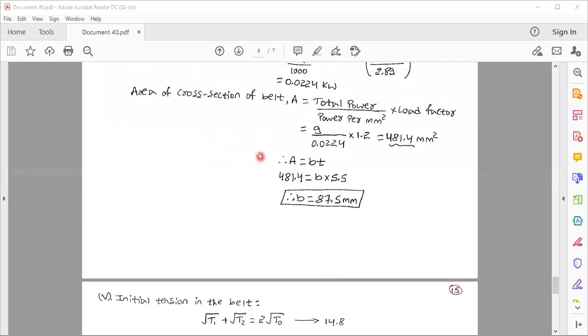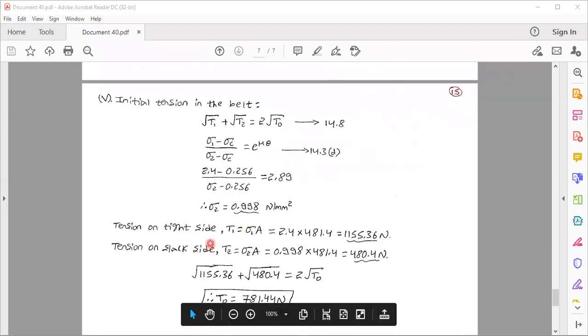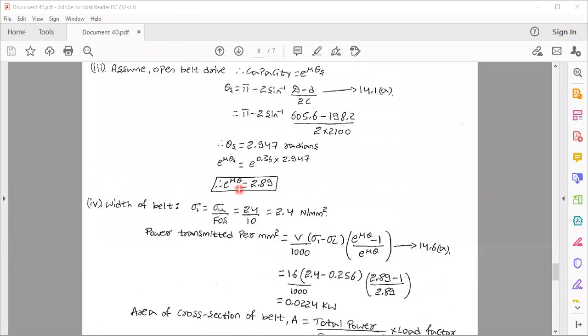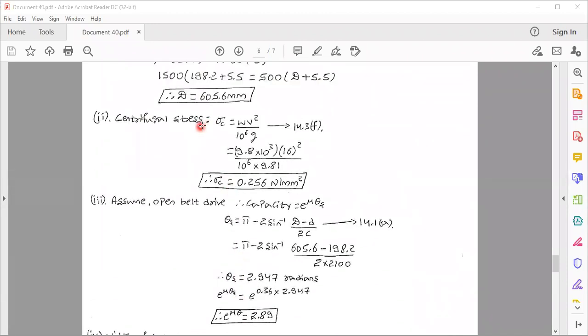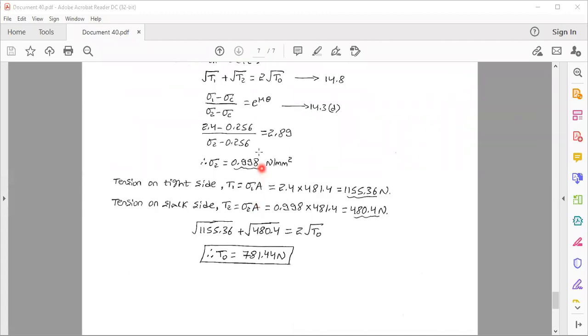Sigma 1 is given, that is permissible stress 2.4, substitute 2.4 minus sigma c. Sigma c is 0.256, which you have calculated, the centrifugal stress. After substituting that, the stress in the slack side, you will get it as 0.998 megapascal or Newton per mm square.